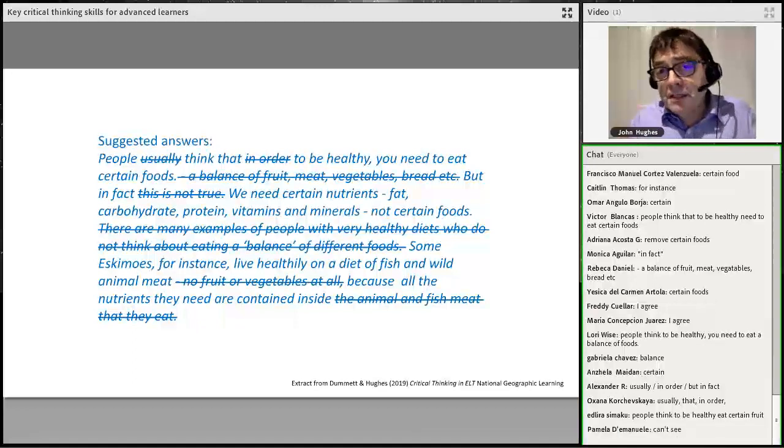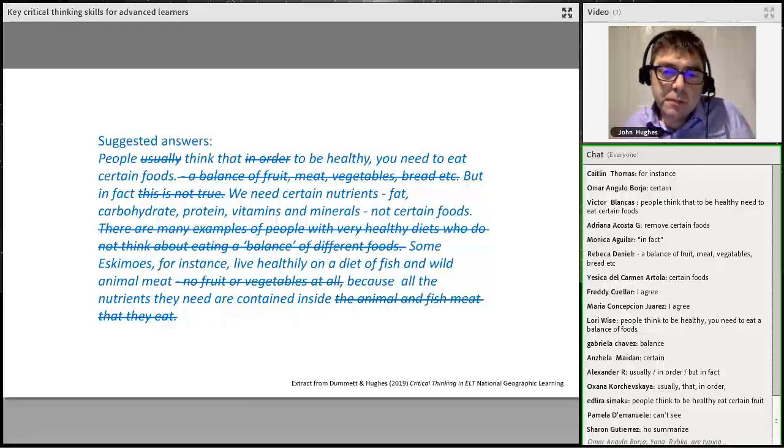And then I could probably say to the students, now can you delete another 25%, until by the end of the exercise they get the absolute main idea of what the author's saying. And that's somehow much more manageable for our learners, and it's introducing the idea of what summarizing is really about.